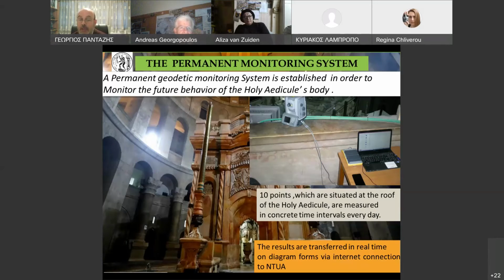The same 10 points were used. The permanent monitoring system consists of the total station Trimble S9, which is placed at point 2 of the network.